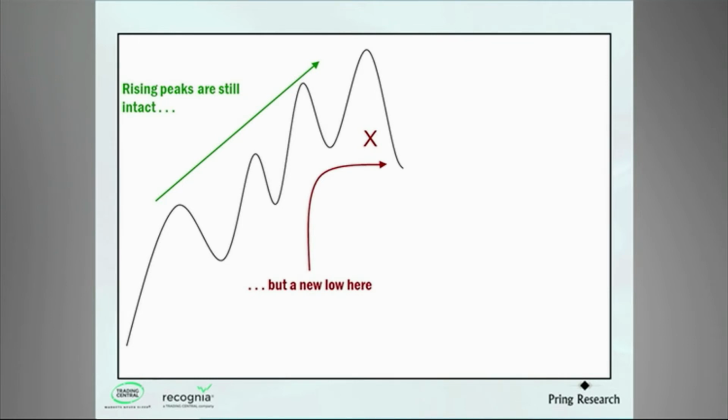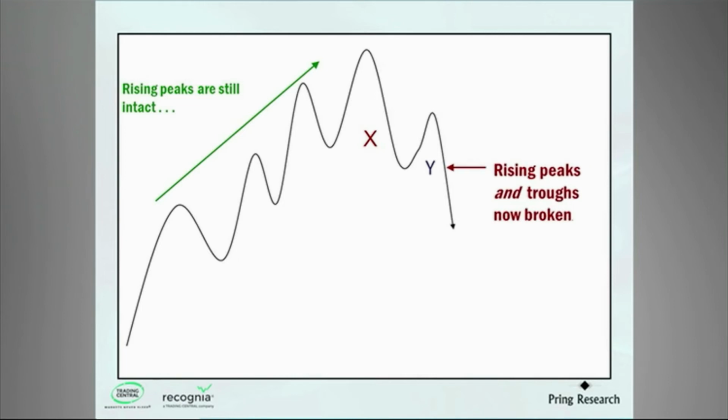In other words, at point X, only half a signal has been generated. The complete signal of a reversal of both rising peaks and troughs arises at point Y, when the price slips below the level previously reached at point X, having failed in its attempt to register a new high.